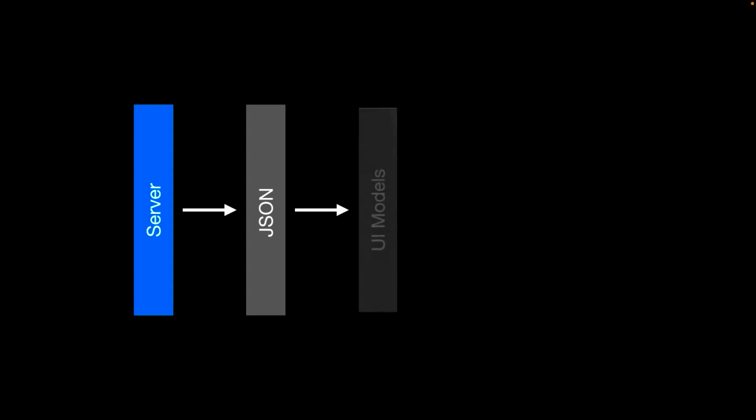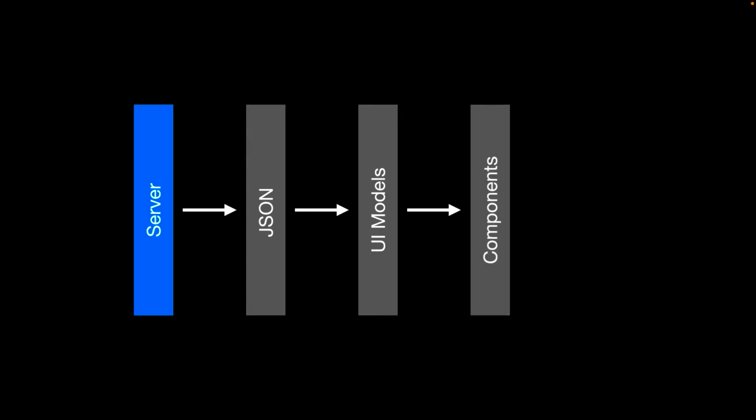Now that response will be mapped to the UI models that we will create in our client, meaning the iPhone application. Later on, those UI models, which will be representation of the JSON that you receive from the server, will be passed to components.